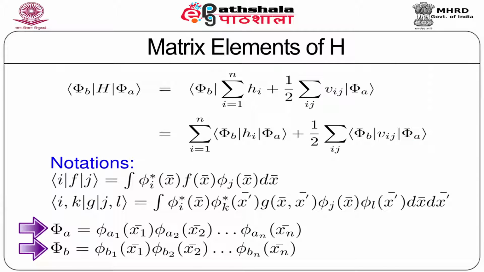We have already introduced the capital phi's, labeled phi A and phi B, which are two product wave functions. Phi A consists of phi A1, A2 until phi AN, and phi B consists of phi B1, phi B2 until phi BN.